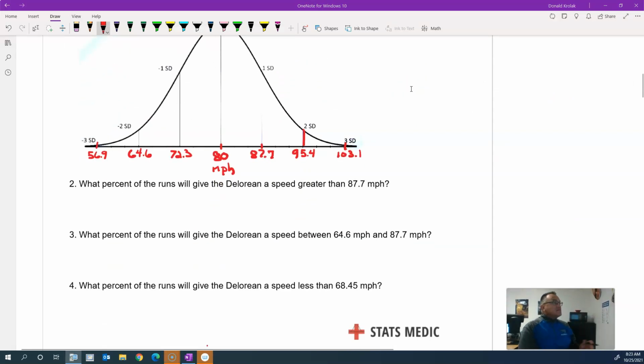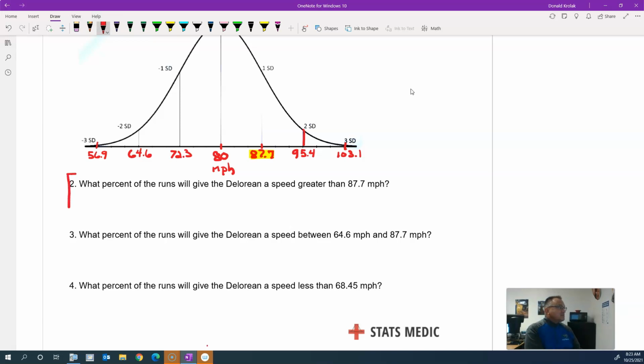Okay, now these first two questions, if you look at the numbers, it says what percent of the runs will give the DeLorean a speed of greater than 87.7? Well, 87.7 is on the chart. So when it's on the chart, you're going to be able to use your empirical rule.